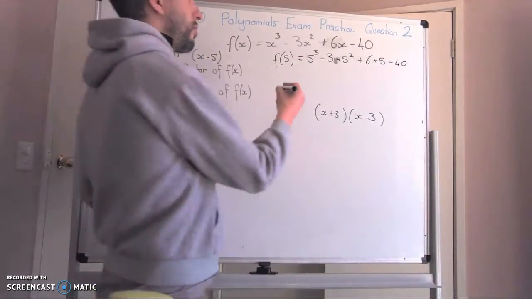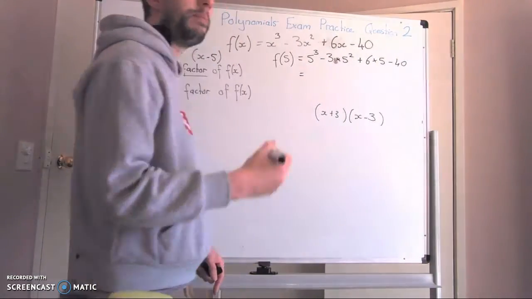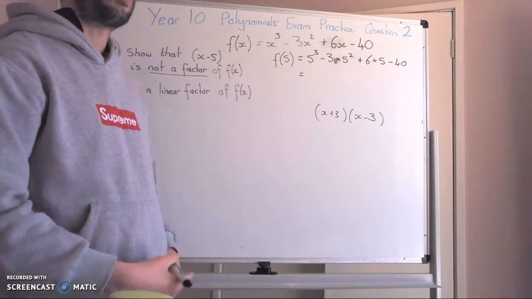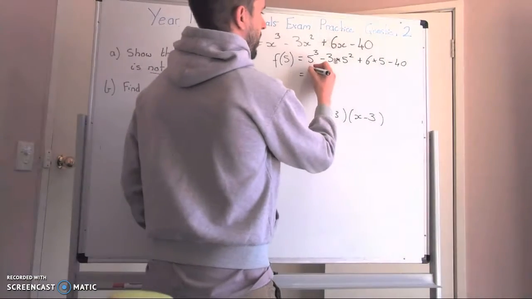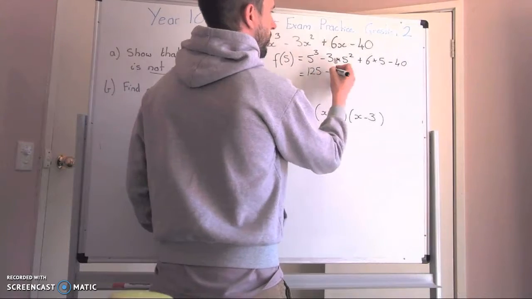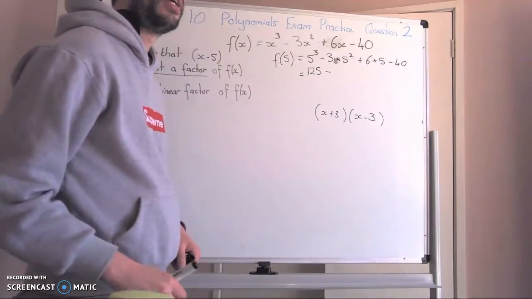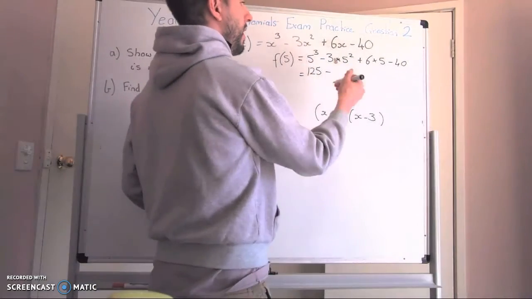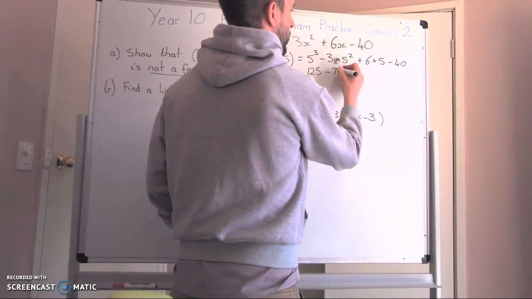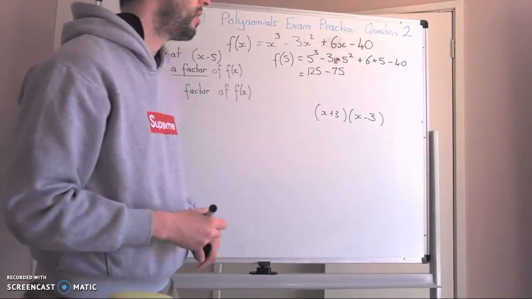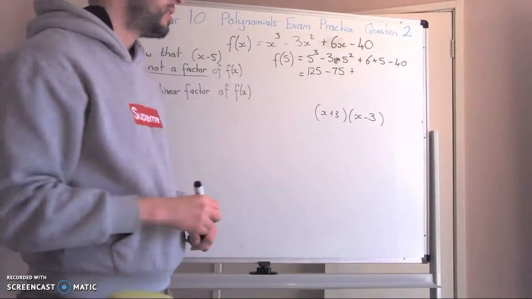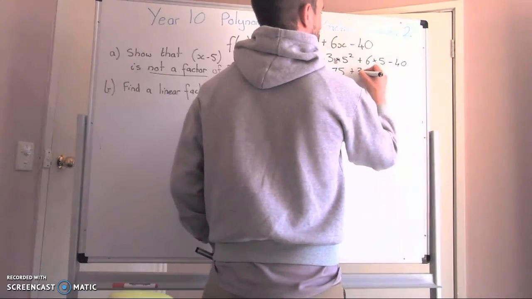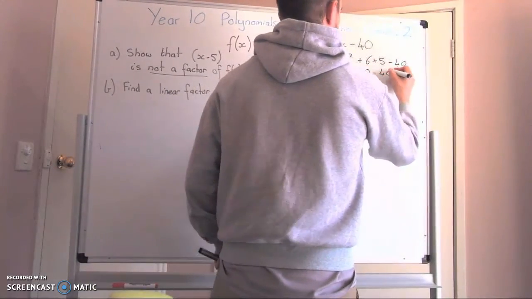5 to the power of 3 is 5 times 5 is 25, and 25 times 5, which is 125. 5 squared is 25. 25 times 3 is 75, so let's take away 75, plus 5 times 6 is 30, minus 40.